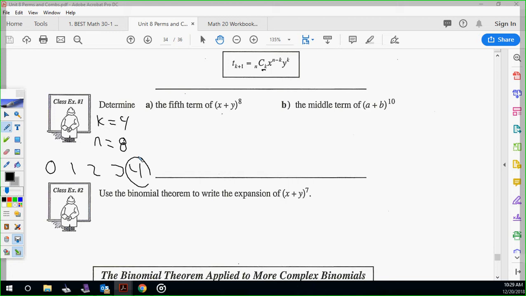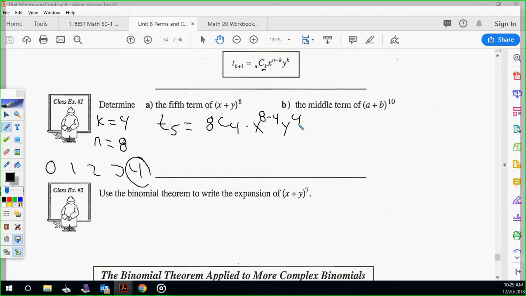So here we go. It's going to be k plus 1, right? That's why they say k plus 1. So k plus 1 is we want t of 5 equals 8c4 times x to the 4, 8 minus 4, y to the 4 by the pattern.